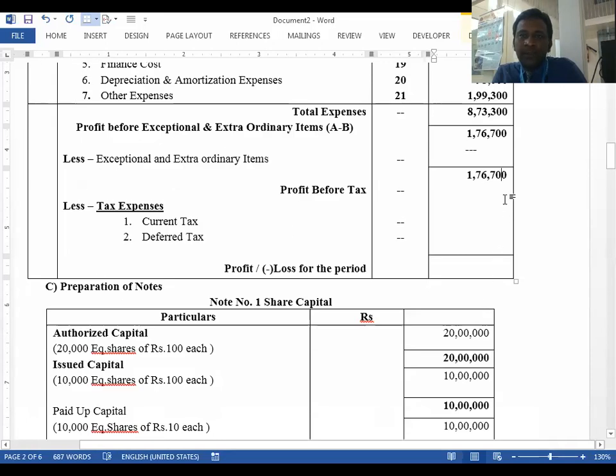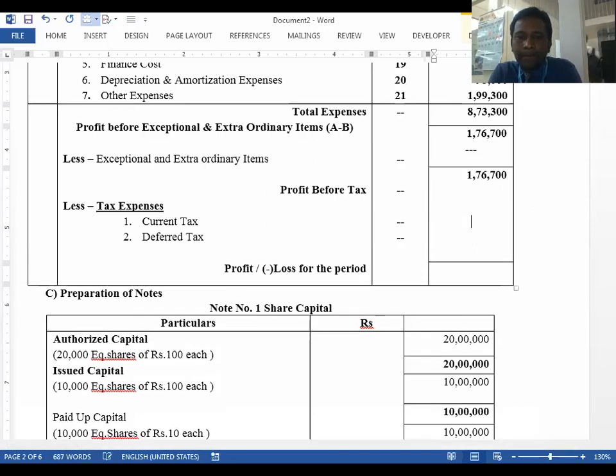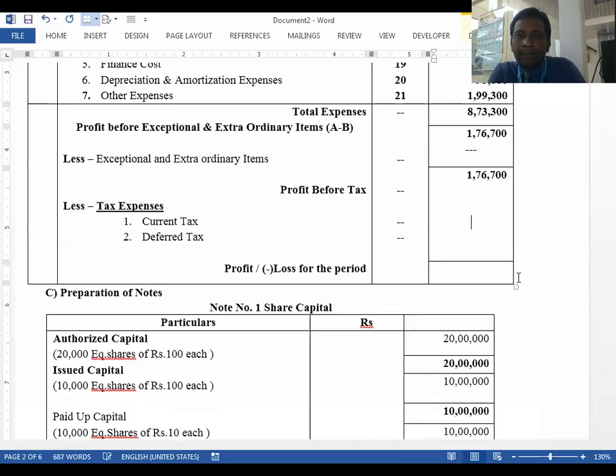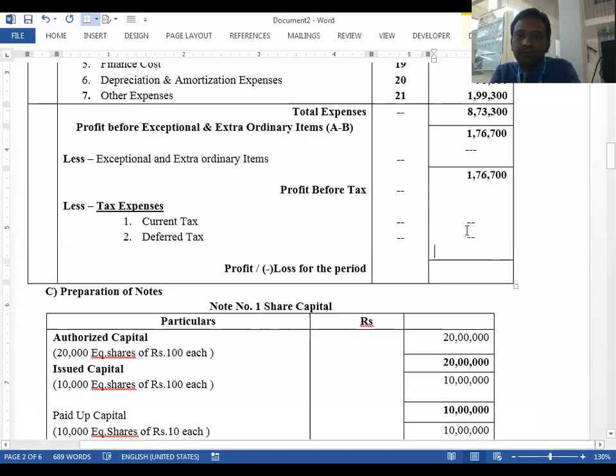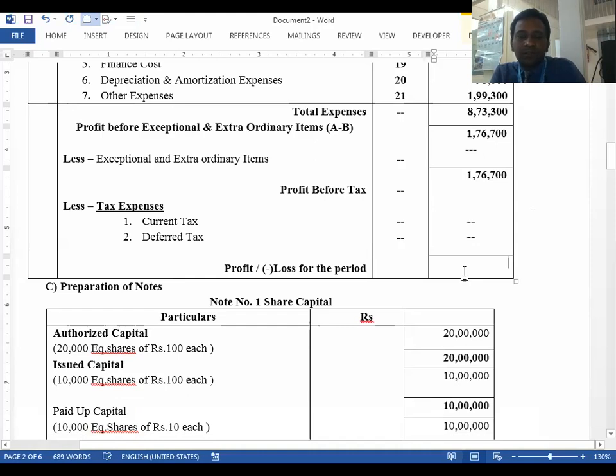Now there is no tax expense, so this is dash. So the same amount represents the profit for the year, 1,76,700.